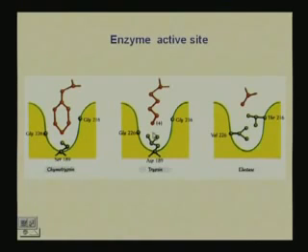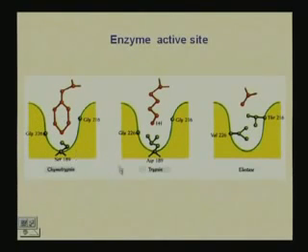So, we have to have a fit of the specific substrate in the enzyme active site. Again, this is another enzyme, elastase, that has two different groups in its active site, and it acts on a different type of amino acid. So, each of these active sites has its own properties in deciding which substrate it is going to act upon.